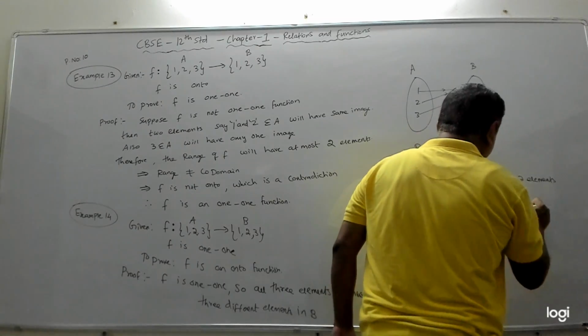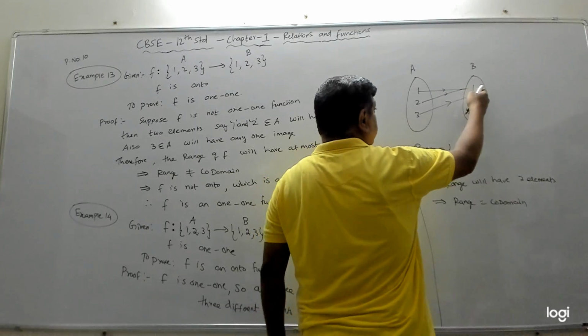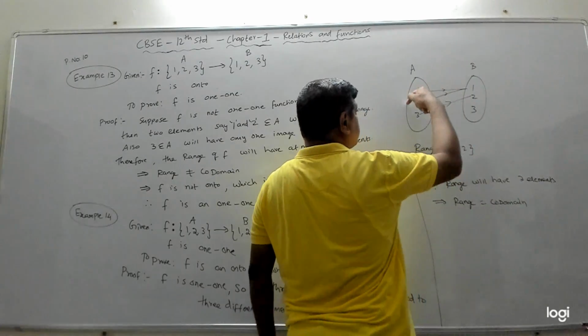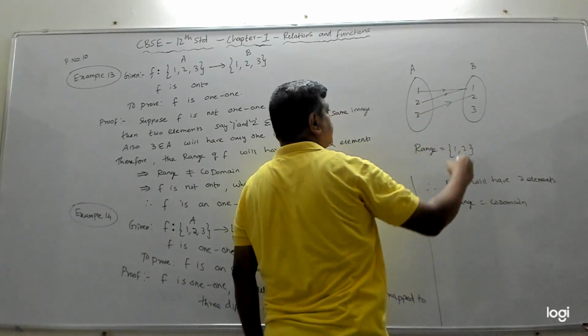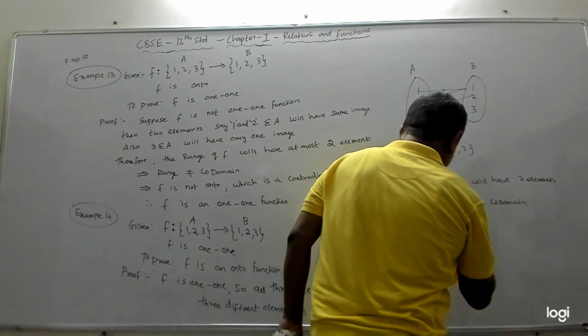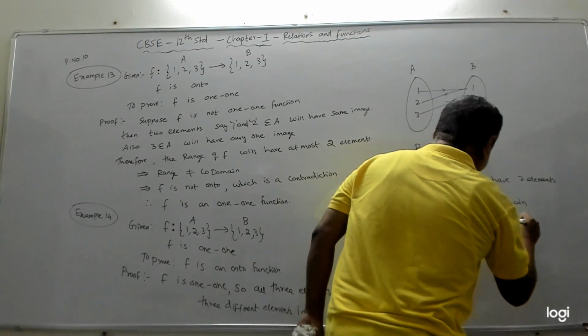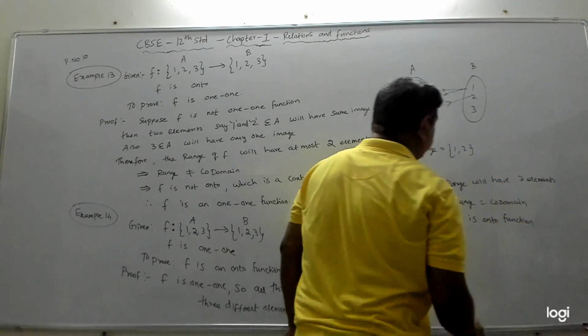When range and codomain are equal, it means it is an onto function, which means every element here is an image of some element here. Every element is an image of some element, right? So range is equal to codomain. Therefore, f is an onto function.